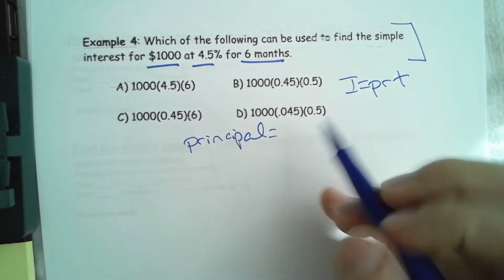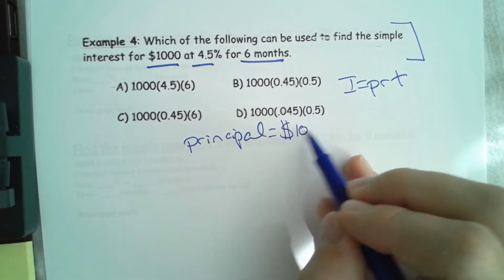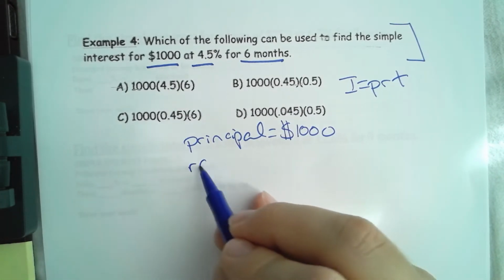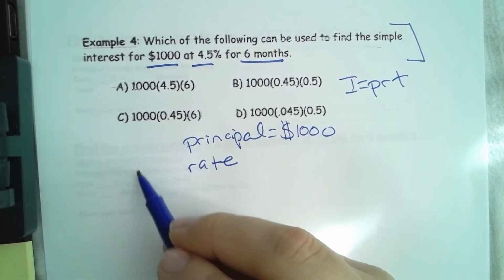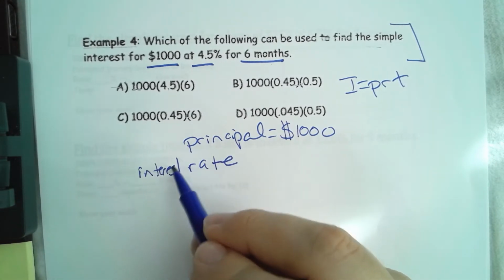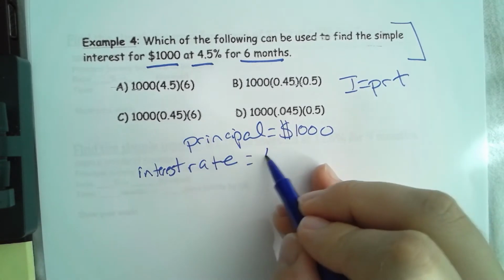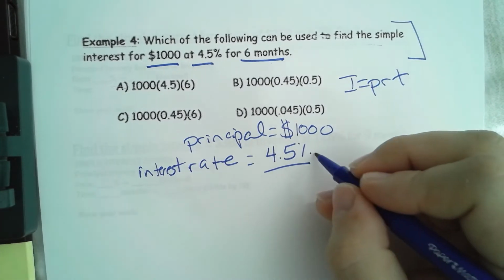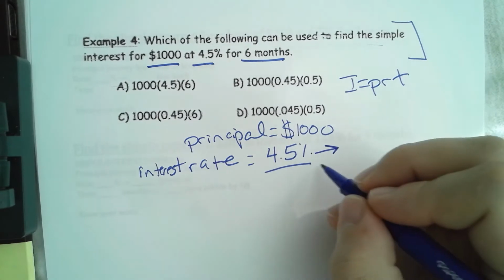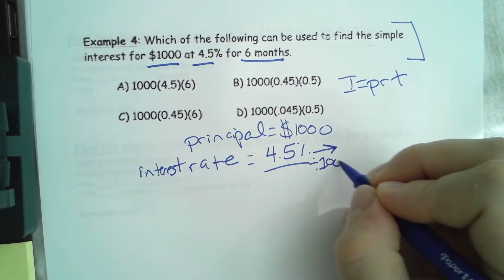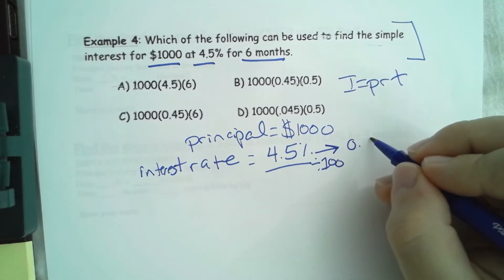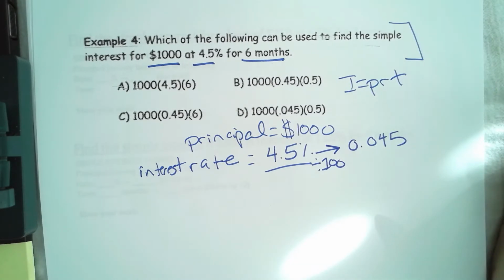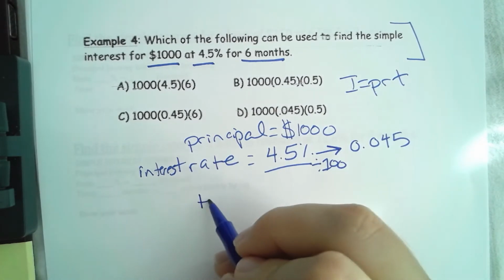It's $1,000. Now let's do the rate, the interest rate. The interest rate is 4.5%. Remember, I need to change this to a decimal by dividing by 100, and that gives me 0.045. And then I need to do time.